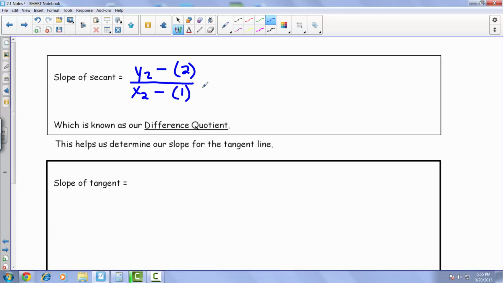But again, our target point doesn't always have to be (1, 2). So it's really helpful to create a universal definition that will work for the slope of any secant. Now let's let A represent the x value for our target point.